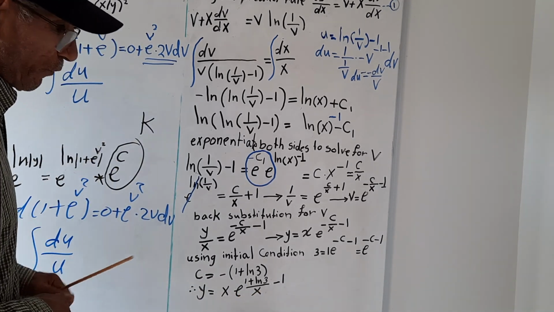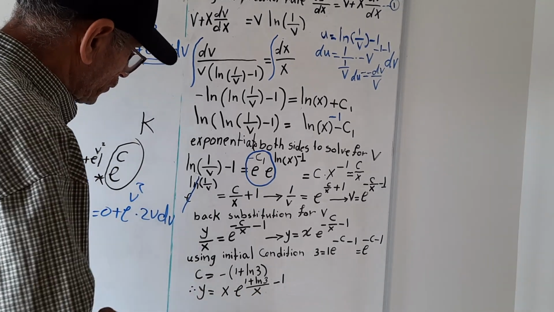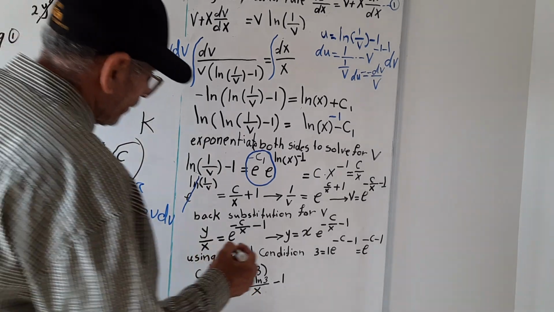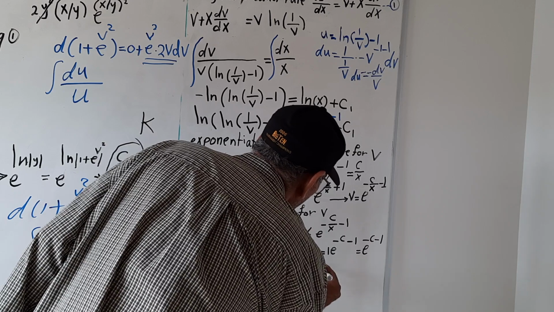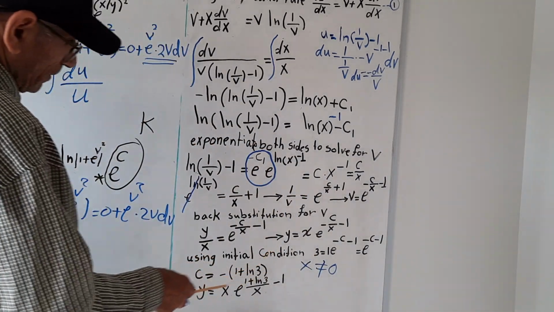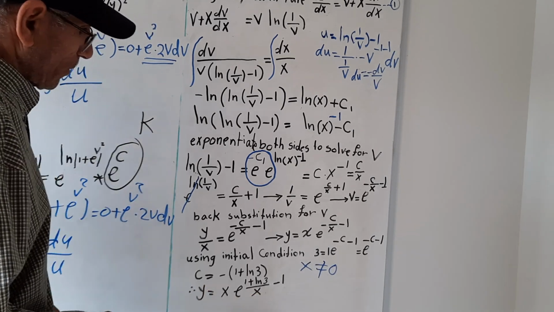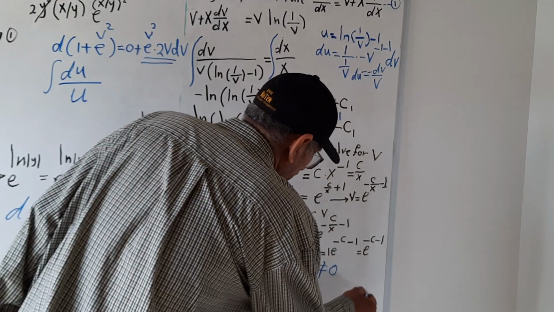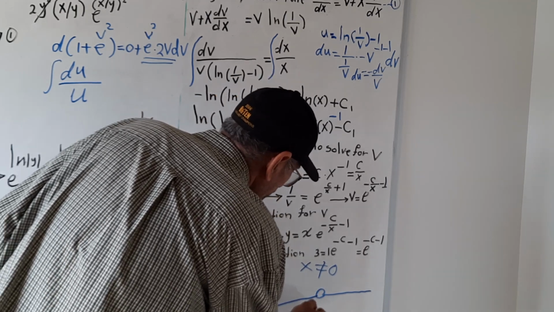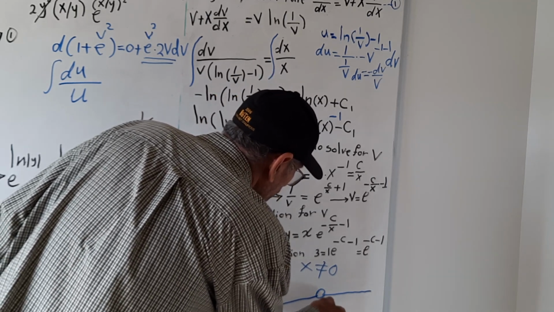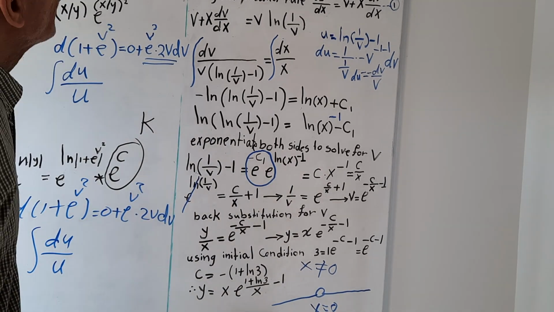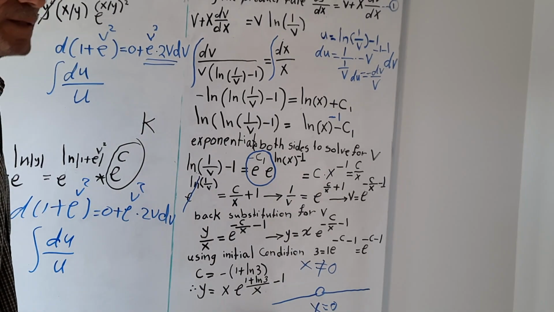And to find the range of validity, we should avoid x equals 0. Here, x doesn't equal 0, because all the other real numbers are okay. But here the line is x equals 0. Our initial condition says y equals 3 at x equals 1.